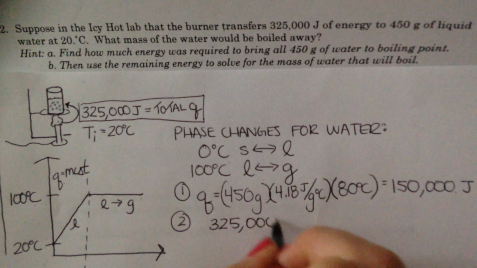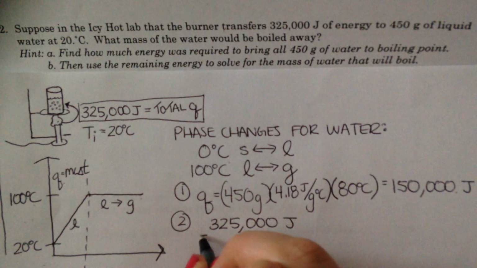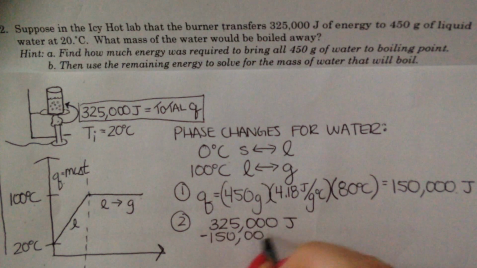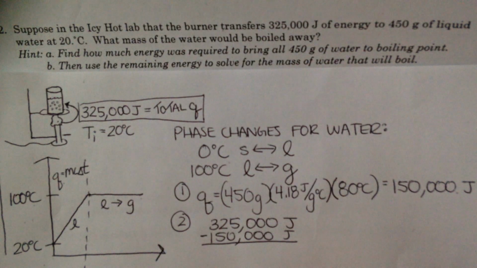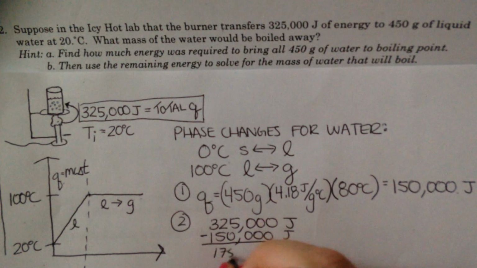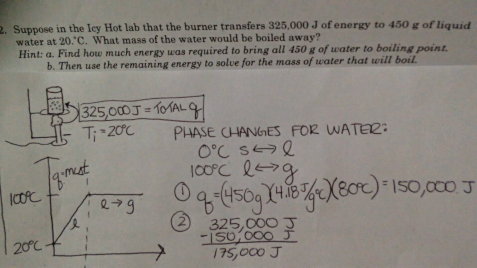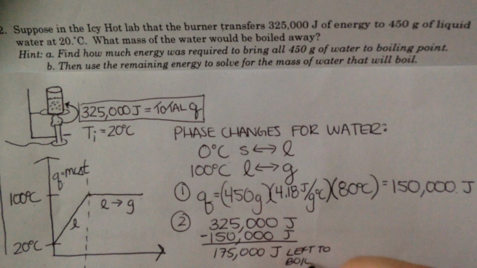Take the total amount of energy that the Bunsen burner is going to give us overall, subtract the amount of energy needed to bring the water to its boiling point, and you should get 175,000 joules left to boil the water.